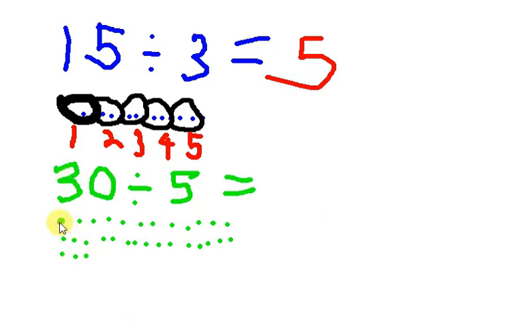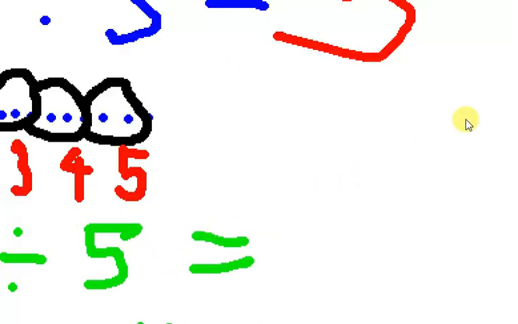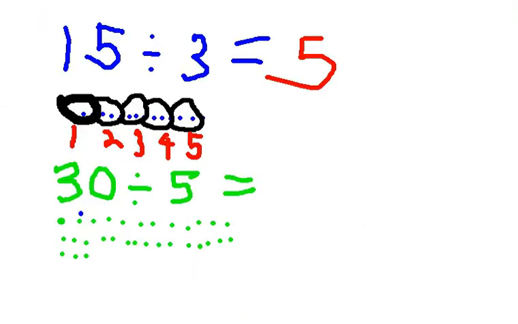So we count the first 5 out of it: 1, 2, 3, 4, 5.